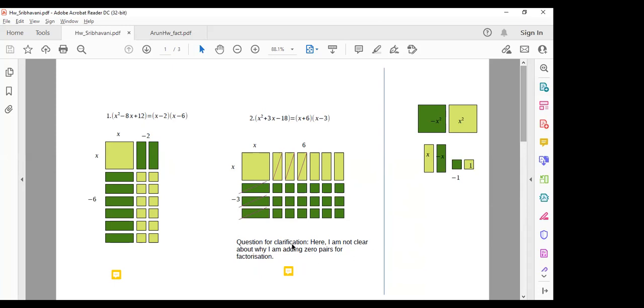You see, as long as the leading coefficient is x square, it's very clear what is happening.